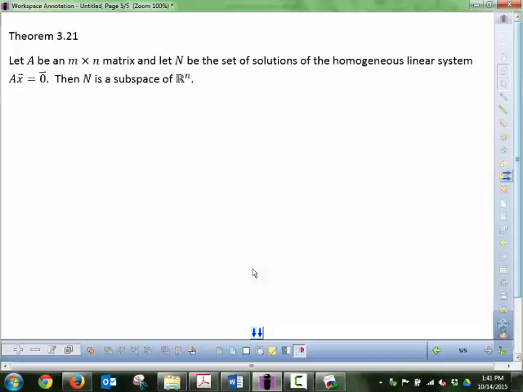So it turns out that the solution set is also a subspace of Rn.